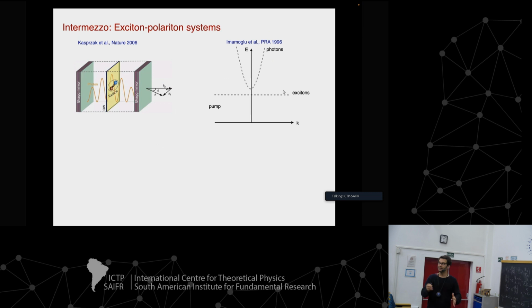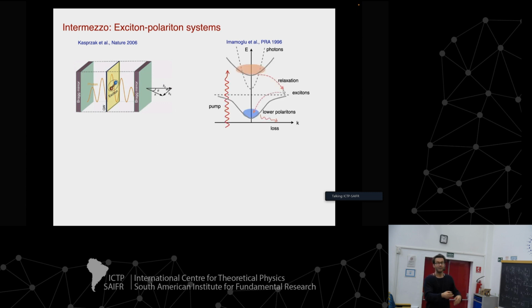Now, we put this quantum well between two very highly reflecting pieces of semiconductor, and we put photons in there that are bouncing back and forth. Due to the confinement in this two-dimensional plane, they will not have a relativistic, linear dispersion, but rather they also go quadratic, due to the confinement in one direction.